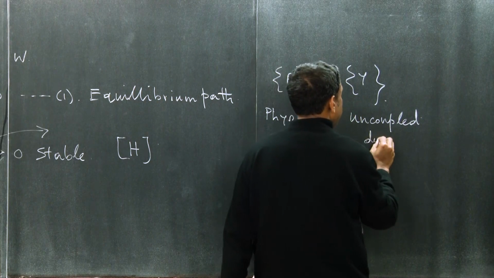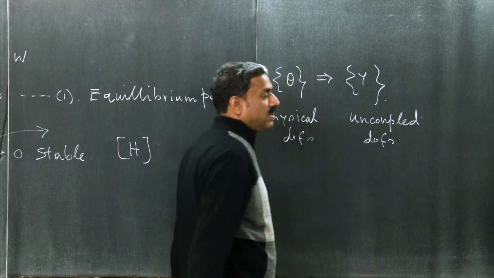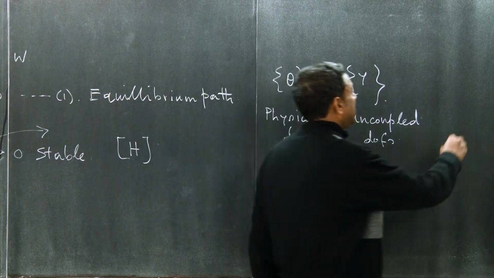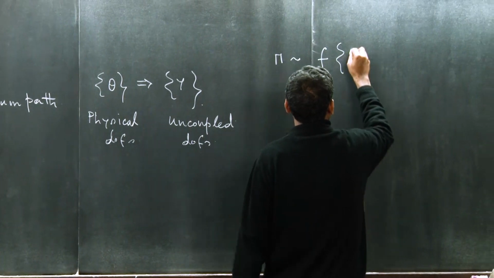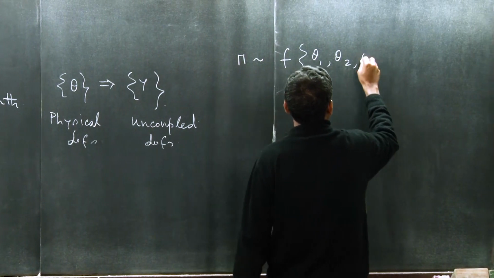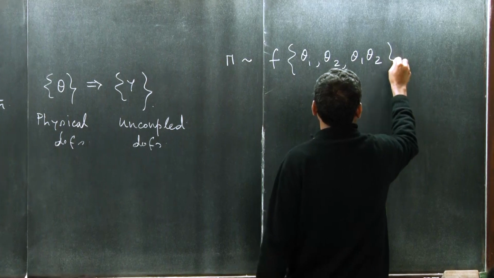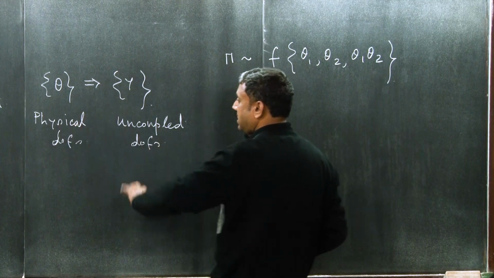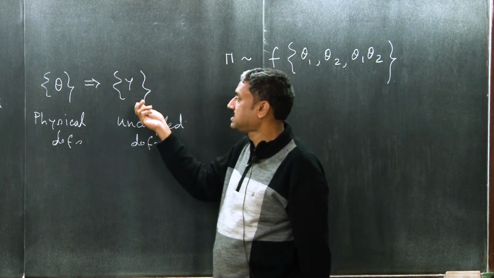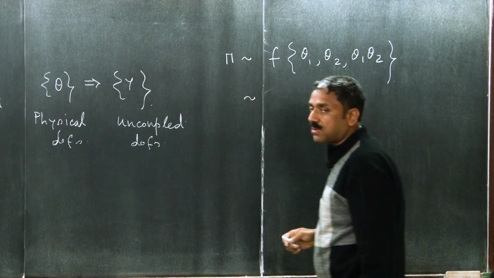right? And thereby we have also seen that the potential energy functional pi consists of terms like theta 1 squared, theta 2 squared, and the cross term theta 1 theta 2. Whereas when we transform this using linear transformation, because these are nothing but eigenvectors, right, they form a legitimate basis.